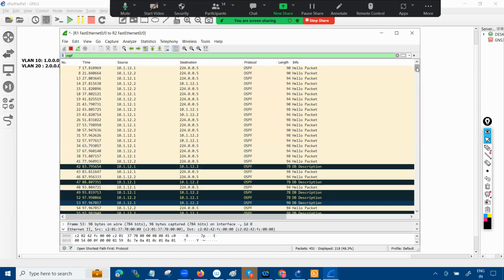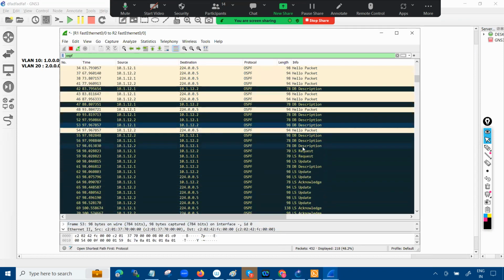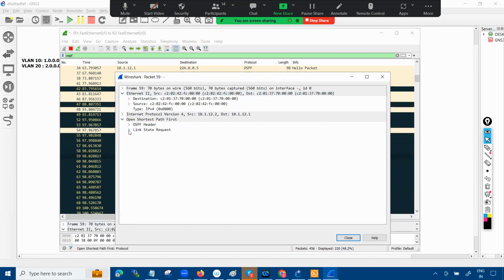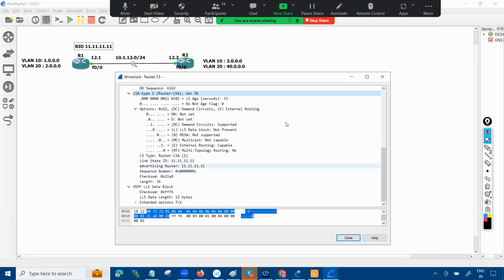Okay, perfect. You sent me the DBD packet. I'm requesting it now. LS request packet. Can you see that? The same information I have sent in the DBD packet. Understand the concept?